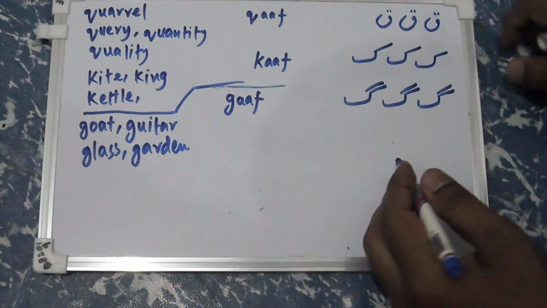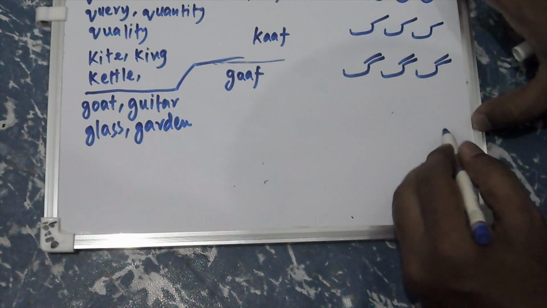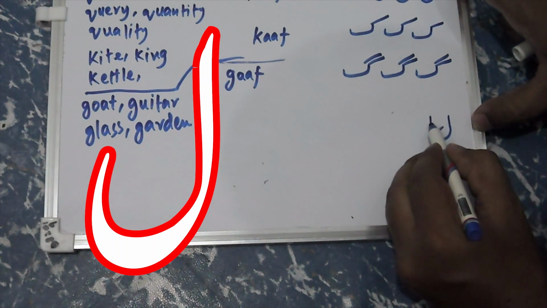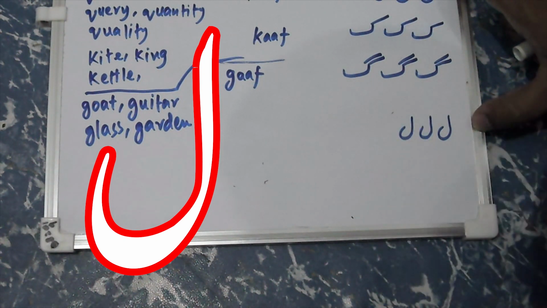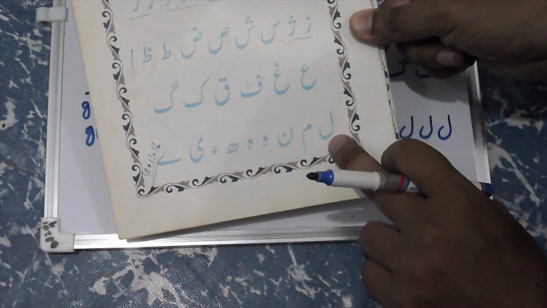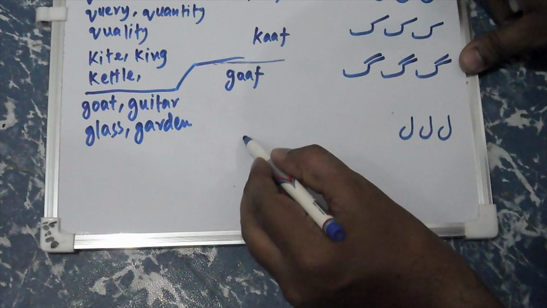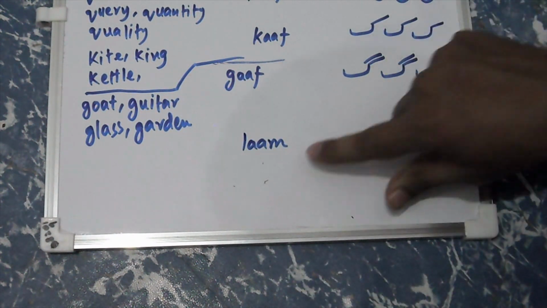So the next alphabet of today's lesson is lam. Lam. You can see in the book, lam. And in English language it is pronounced as lam.